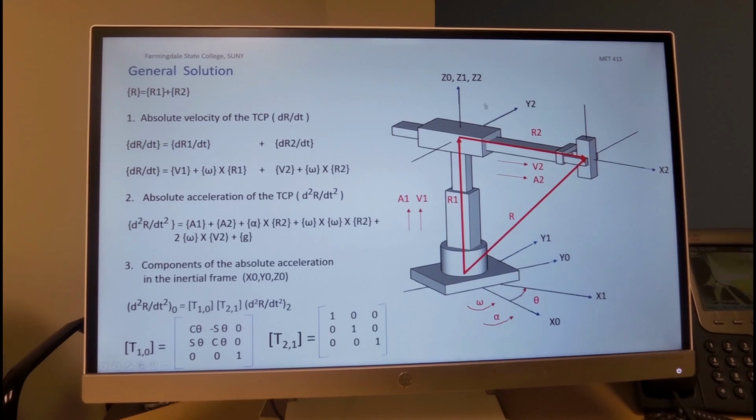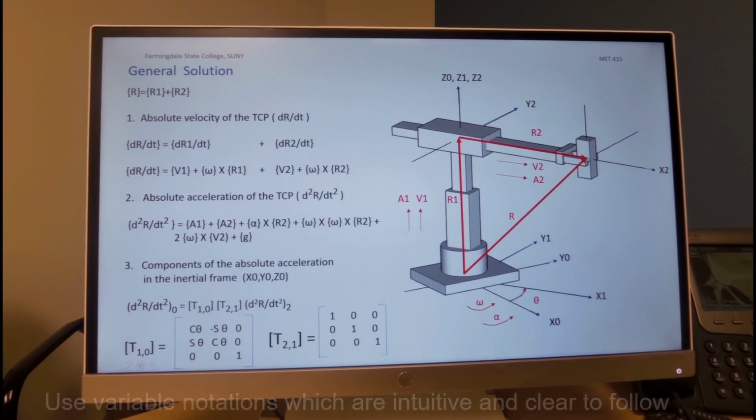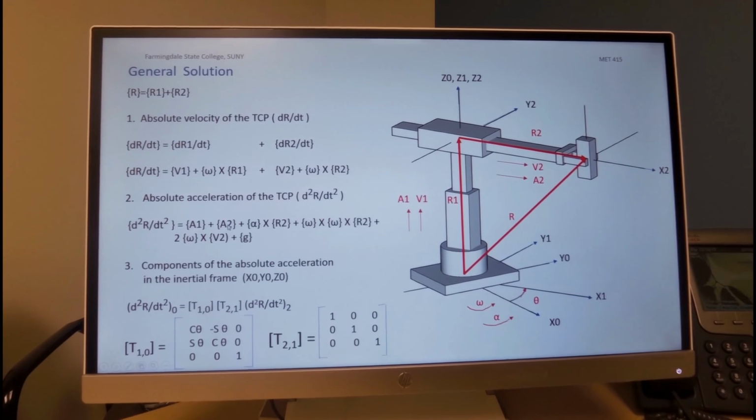It has no effect of the rotation because it's along the same line, plus the relative acceleration of r2 in coordinate system 2, which is a2, plus the tangential acceleration alpha cross r2, which will be a tangential acceleration in the direction of y2, plus omega cross omega cross r2, which is the centrifugal acceleration pointing towards the center of rotation, plus the Coriolis acceleration, which will be 2 omega cross v2.